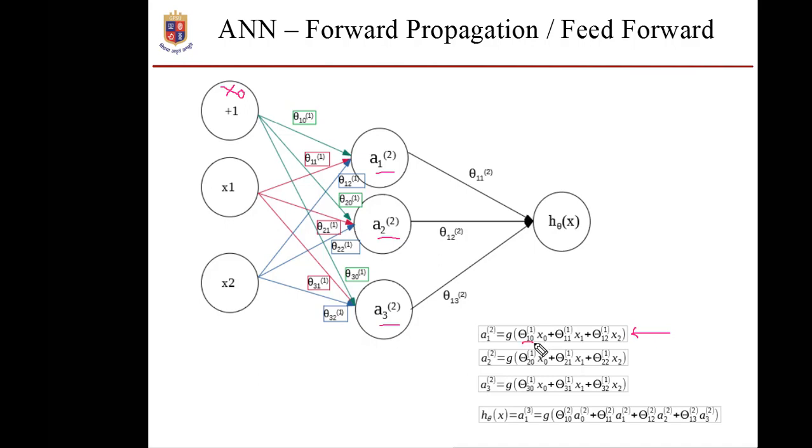So the formula is theta 10 into X0. This term refers to this part and this part because these two are multiplied while connecting to A12. And if you see the second term, that is theta 11 x1, I will use a yellow pen for that, and this is nothing but the theta 11 shown here, and this is x1.